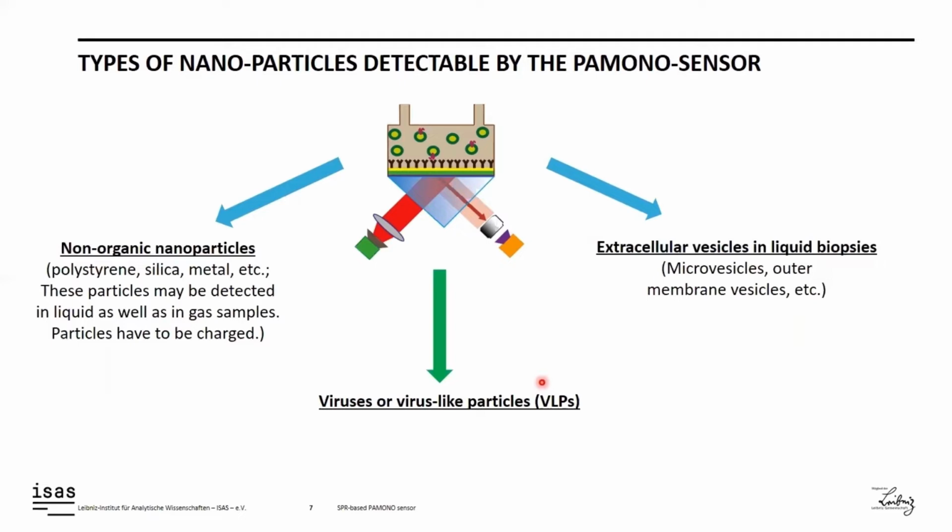The difference between viruses and virus-like particles is rather simple. Viruses contain genetic material, virus-like particles lack this material, and because of that, virus-like particles cannot reproduce themselves. They are not dangerous. They mimic viruses by their surface.